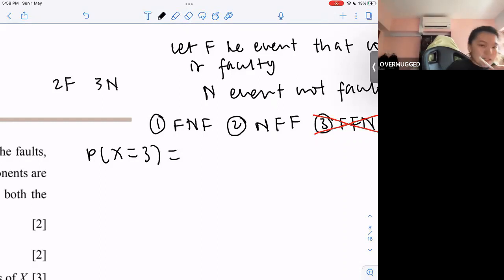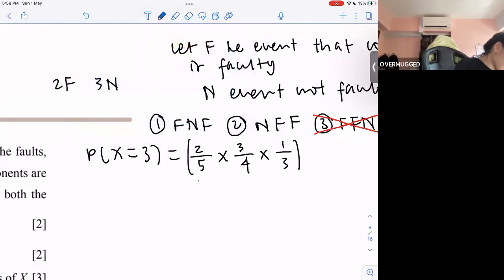If I get a faulty first, that would be 2 out of 5, times not faulty is 3 out of 4, because I already took out the faulty. And then there will be 3 left, but there will be 1 faulty left. So 1 out of 3.